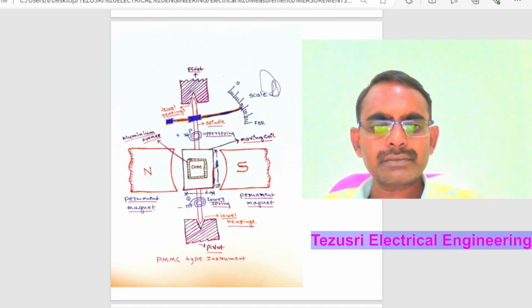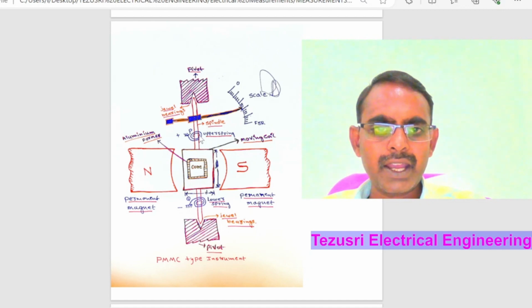The current carrying coil is inserted between permanent magnets. This current carrying coil is movable. According to the Lorentz principle, the force is exerted on the moving coil.